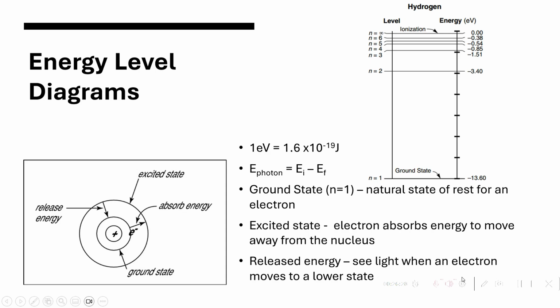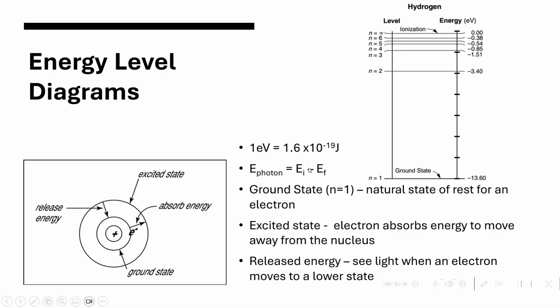So when it comes to energy level diagrams, you need to grab this formula from the reference sheet. It tells you that it's the energy initial minus the energy final. The energy initial is whatever level they tell you you're starting at. If the level is a number, then it's the hydrogen chart. If the level is a letter, then it's the mercury chart.